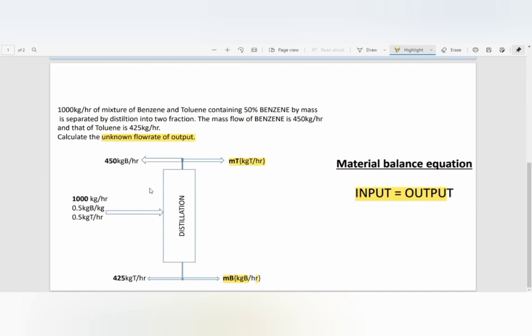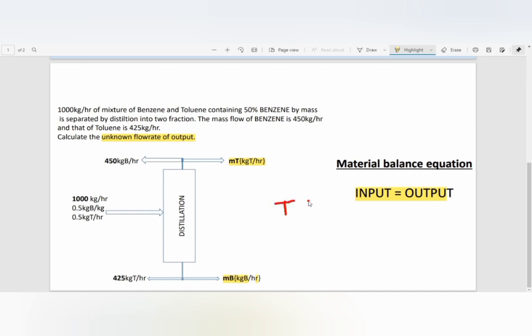Now we will apply the material balance. At first we apply the material balance for the overall system, and then we consider the individual benzene material balance and toluene material balance.